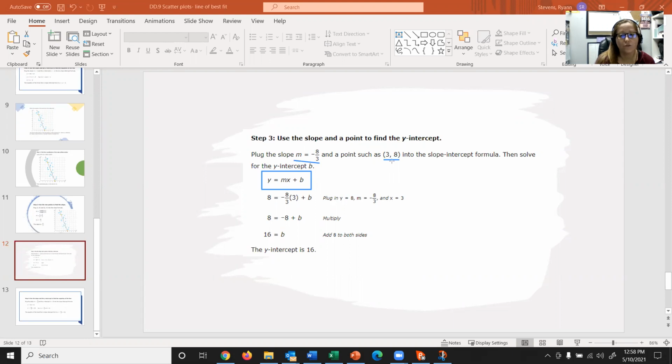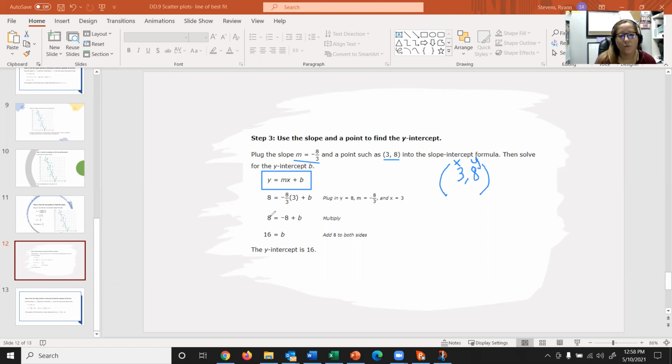When we have (3, 8) as our ordered pair, the first number is what we're going to plug into the x variable, and the second number is what we're going to plug into the y variable. So for y, we're going to plug in 8. For our slope, we're going to plug in negative 8/3. For x, we're going to plug in 3. And all of this is plus b, which is still what we're trying to solve for.